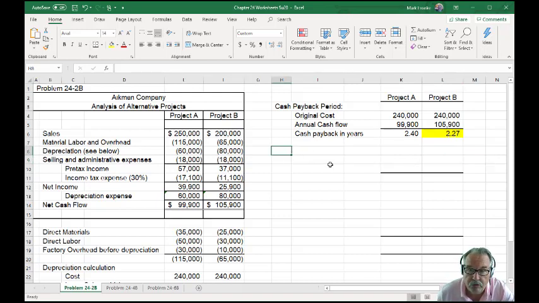So the nod goes to project B. We're comparing these two to see which is better.